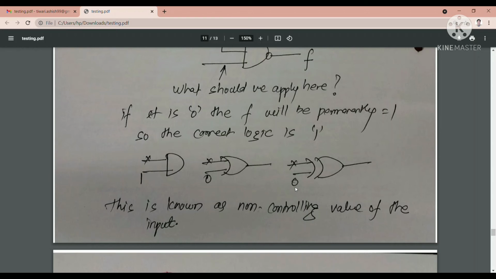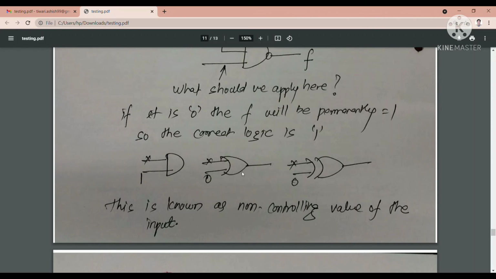So if I am saying that I want a non-controlling value, and if I am applying 1, can 1 be the non-controlling value? Never for an OR gate, because if any of the inputs is 1, you will always get the output as 1. So since the OR gate is sensitive to 1, we cannot apply 1 as the non-controlling value. So what is the non-controlling value in case of the OR gate?